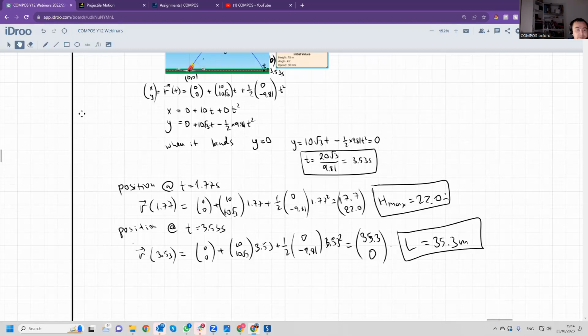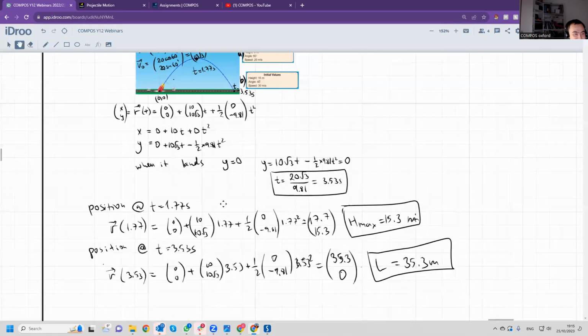Yeah, 15.3 meters. I forgot this is 1.77 squared, indeed.